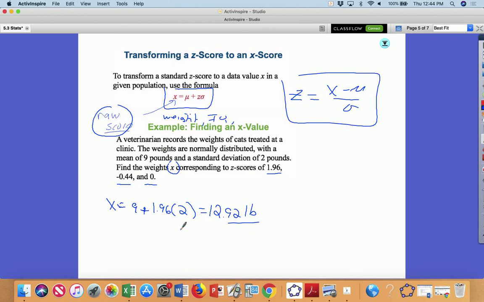Not huge, but bigger than average. And then the next one, 9 plus negative 0.44 times 2, that's going to be a little bit below 9, that's going to be about 8.12. And the last one, you need to calculate? No, it's 9.